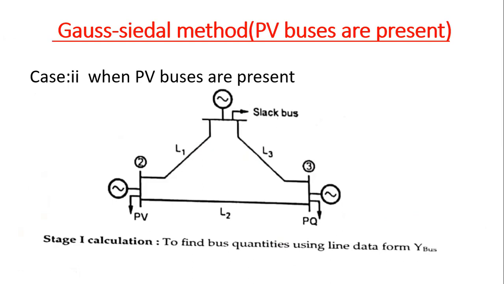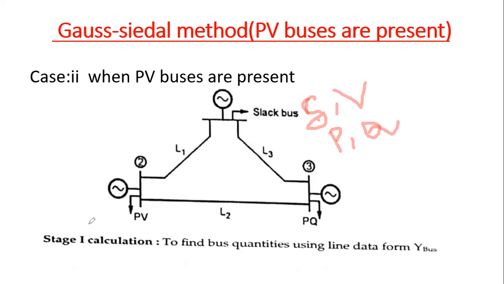In the slack bus, the known terms are delta and V. The unknown terms are P and Q.